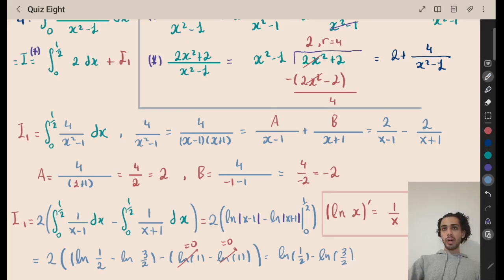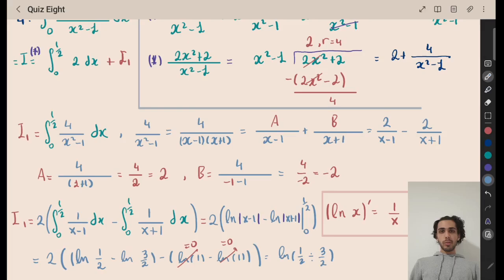Now don't forget that we're actually still multiplying by 2 on the outside. So I'm not forgetting this, I'm just writing this on the side. This will be equal to ln of half divided by 3 over 2, because this is the positive term, this is the negative term.